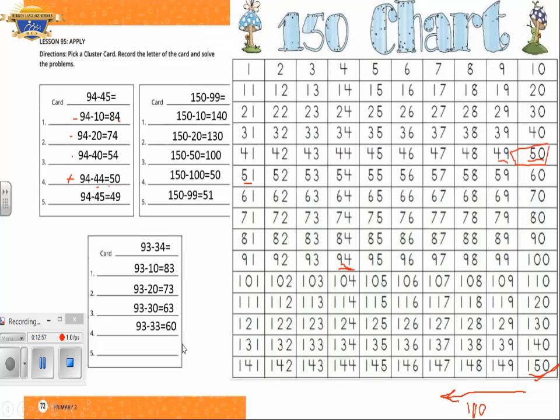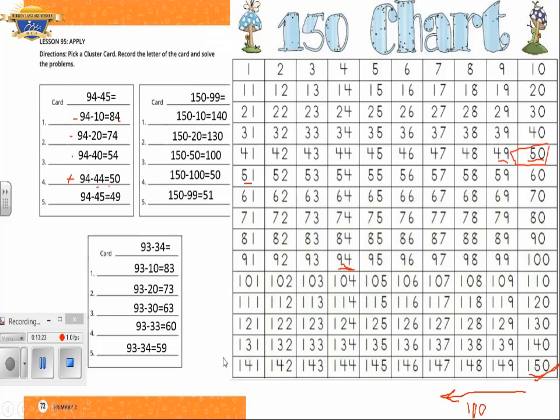But what if I want to solve 93 minus 34? What did you notice? Problem number 4, I have here 33 steps. But problem number 5, I have here 34. So the steps increased or decreased?